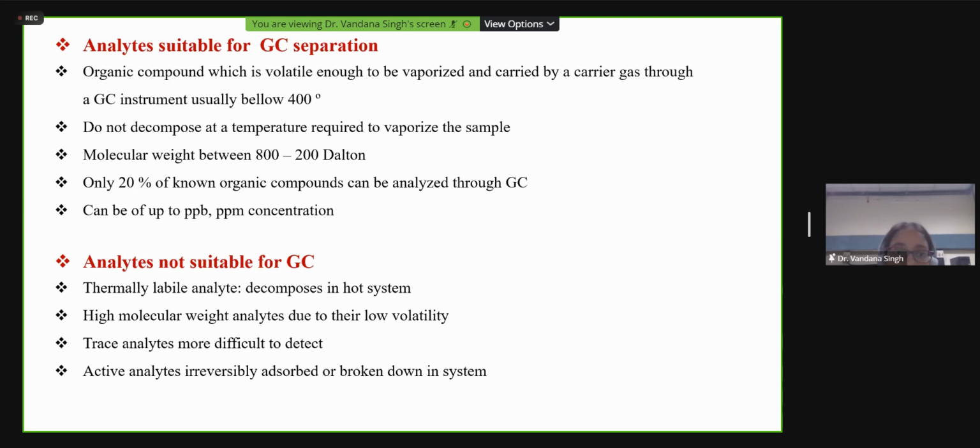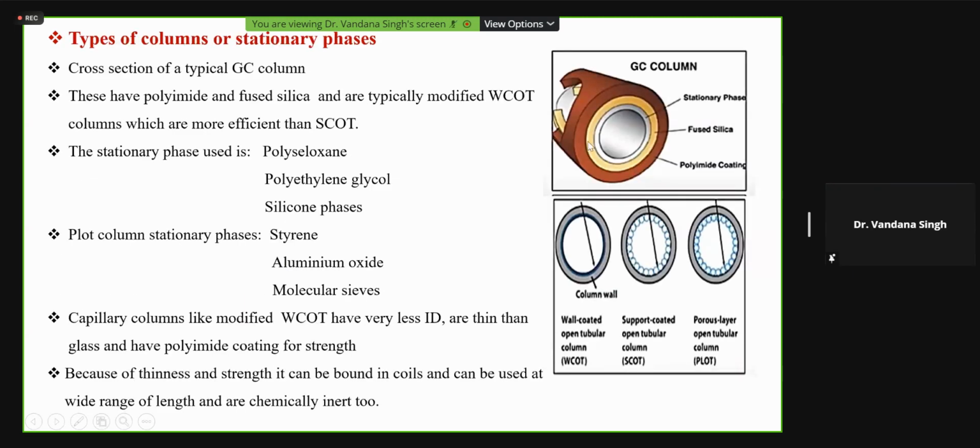Generally, the most efficient columns that are used are WCOT columns, that is, the wall coated open tubular column. And this is an example of the wall coated open tubular column.